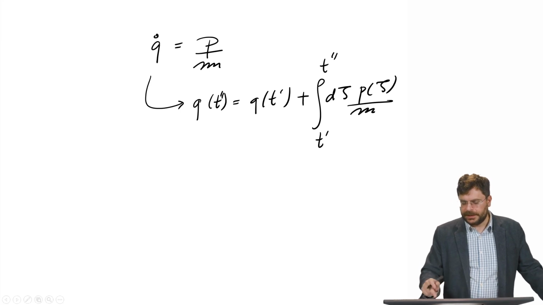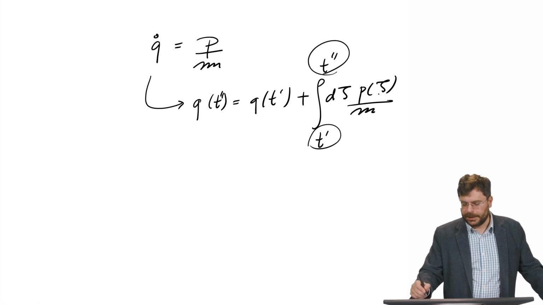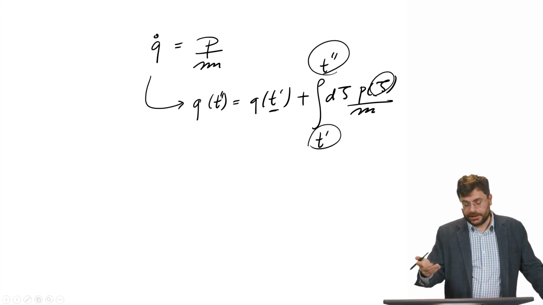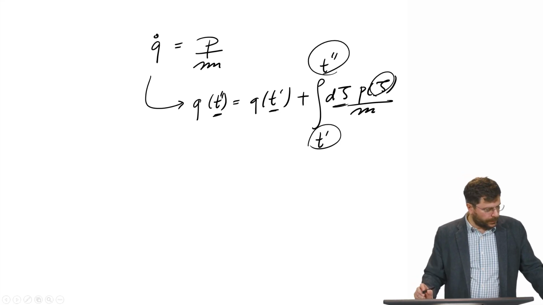So the t prime, the t double prime, and the tau are in some sense a little bit dummy. t prime is my initial condition, t double prime is where I evolve to, and tau is just my integration variable here.